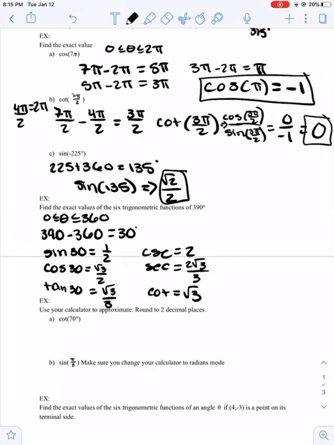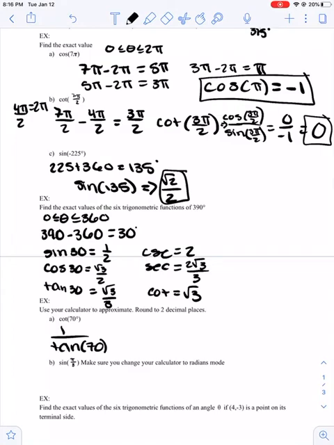Next, we're going to use our calculator to approximate and round to 2 decimal places. So this one we just going to plug in our calculator, but we need to do just a little bit of work first. So first, we're going to look at cotangent of 70 degrees. And on our calculator, we only have sine, cosine, and tangent functions. So cotangent is 1 over tan.